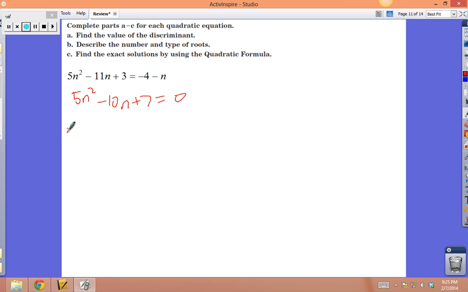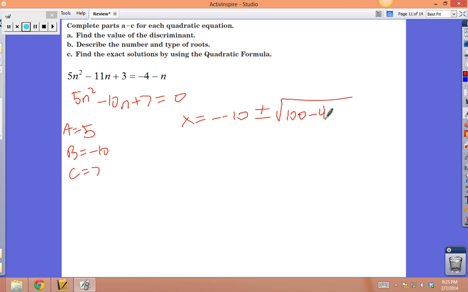a is 5. b is negative 10, c is 7, x equals negative b, plus or minus the square root of b squared. So in my head, negative 10 times negative 10, that's going to be 100. That better be a positive 100.